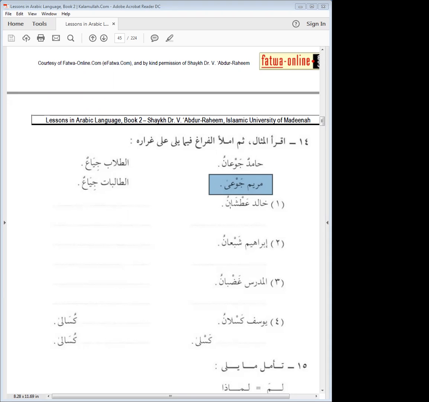Plural, you can say At-tullabu Itashun, At-talibatu Itashun. Right? Ain, kasra, ta, fatha with an alif after it, Ita, and then the shin at the end of the word with a tanween dhamma, Itashun.